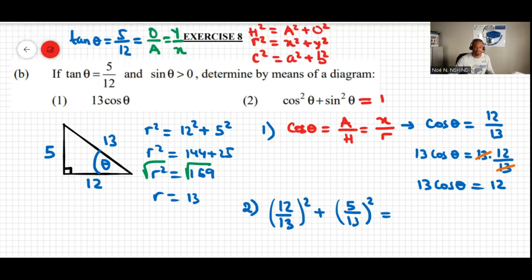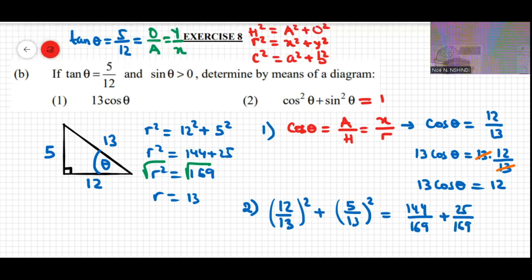And then this is what? That makes 144 over 169 plus 25 over 169. If you do 144 plus 25, you get 169 over 169. Anything divided by itself in math is just equal to 1. So the final answer is just 1.